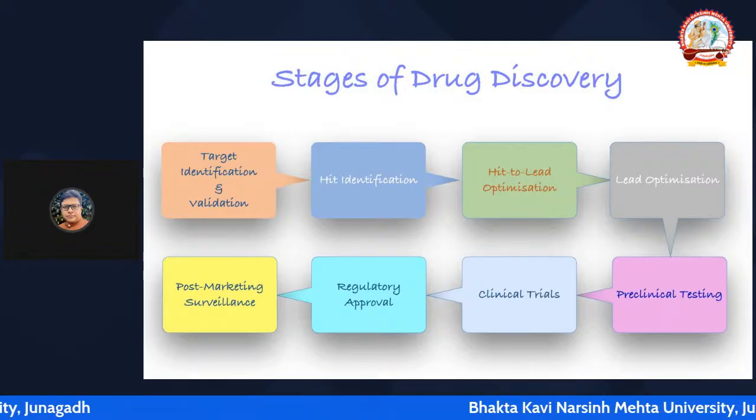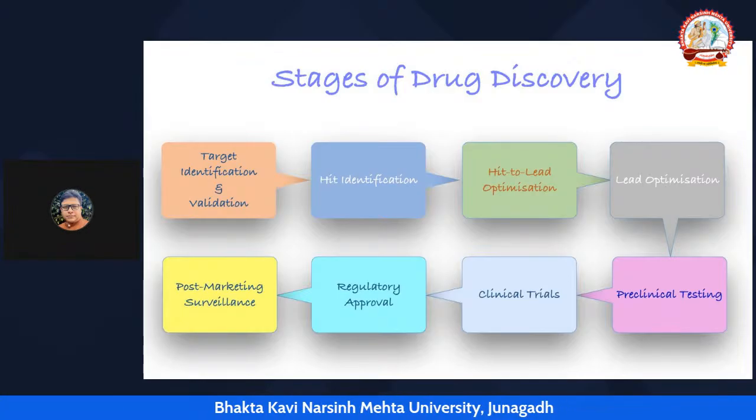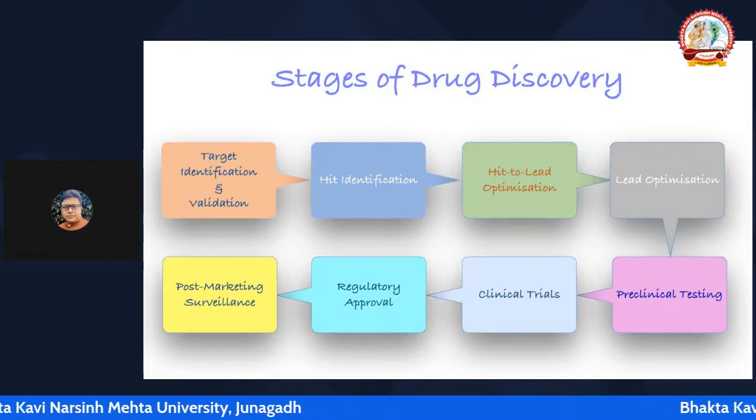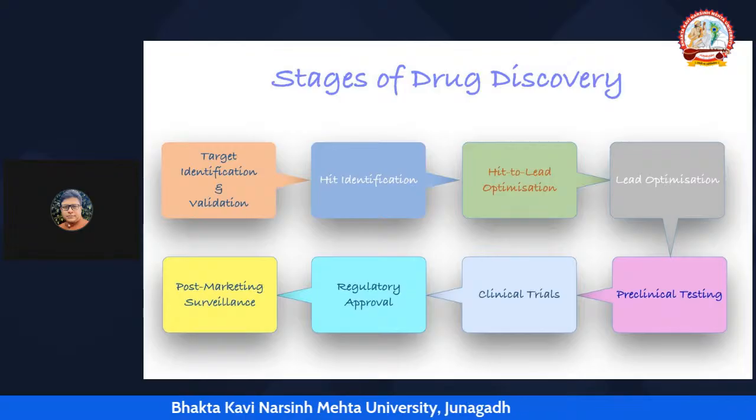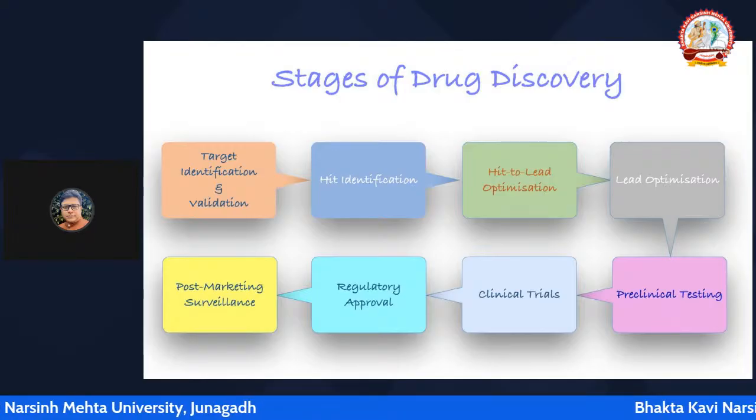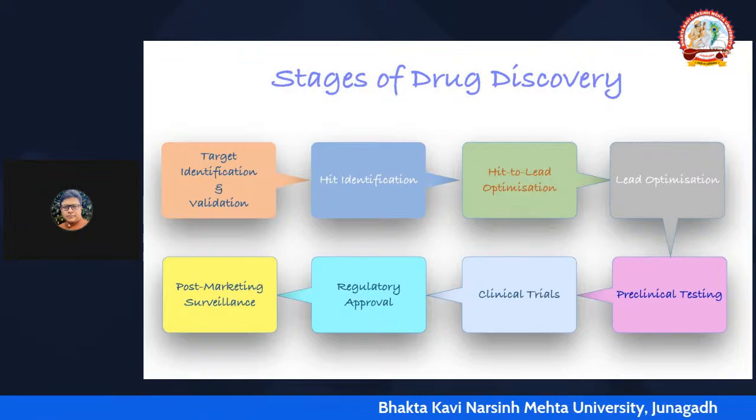Next we go to what is called hit identification. When you do a screening, either an experimental screening or a biological screening, high throughput screening, the compounds that show activity the first time are referred to as hits.